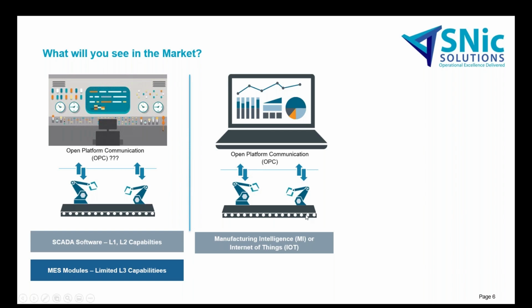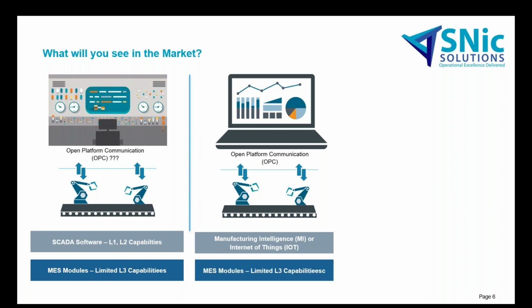But the requirements of manufacturing intelligence is just to give analytics. It could be just a simple OEE report, which is overall equipment effectiveness, or it could just be, I would like to control and see what are my planned versus actuals on the shop floor. I just would like to see the analytics, but I'm not going to do anything more than that.